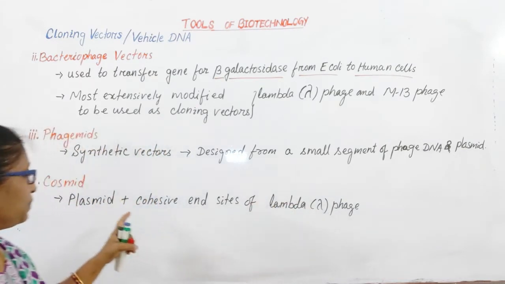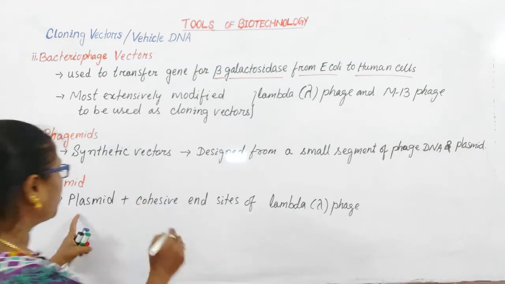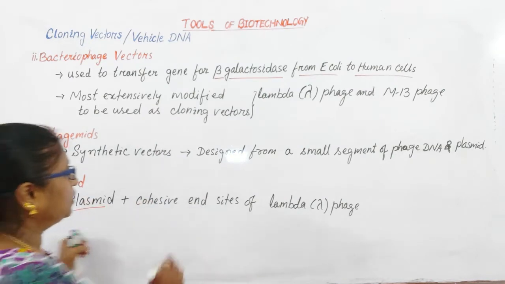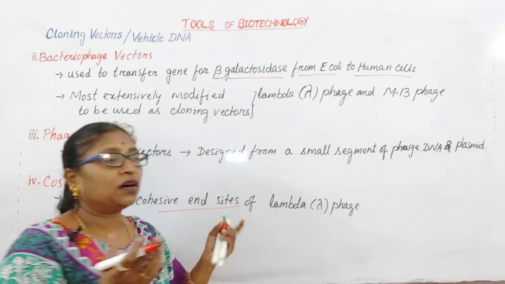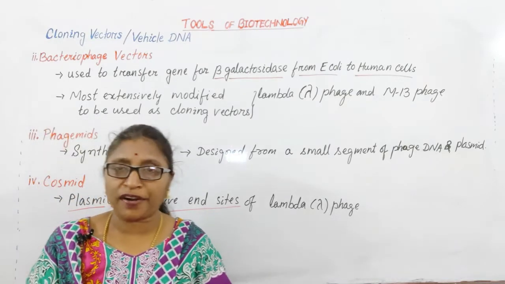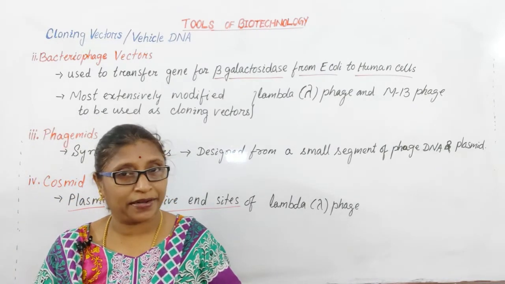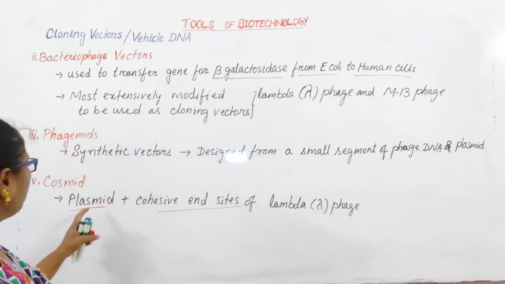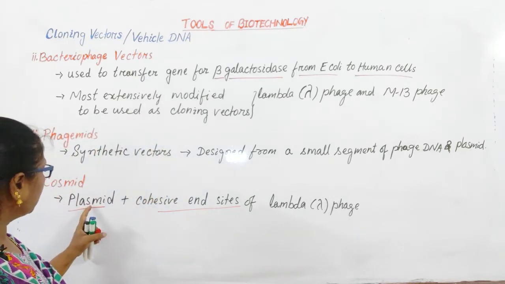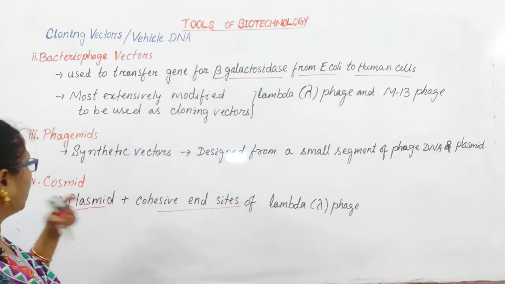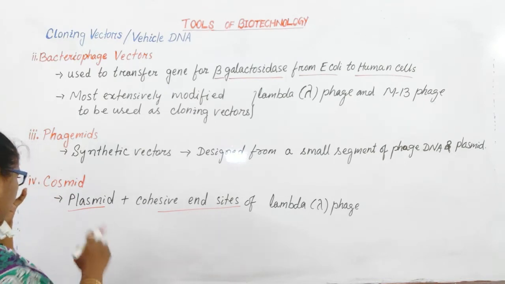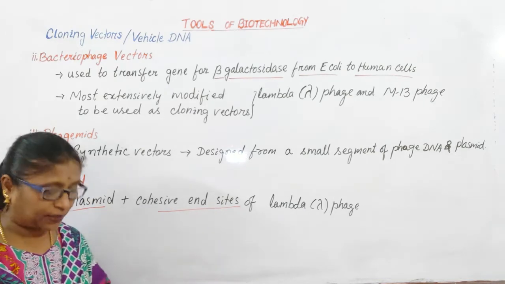The cohesive end site of the lambda phage and the plasmid, these two are combined to form the cosmid. Co from cohesive end, from plasmid, that is mid, cosmid.